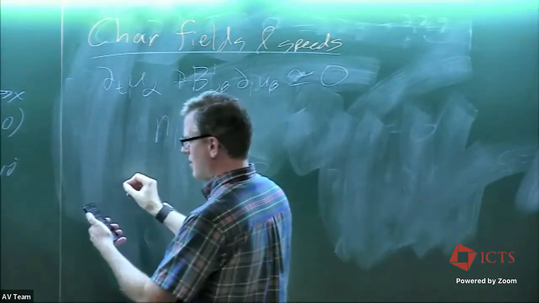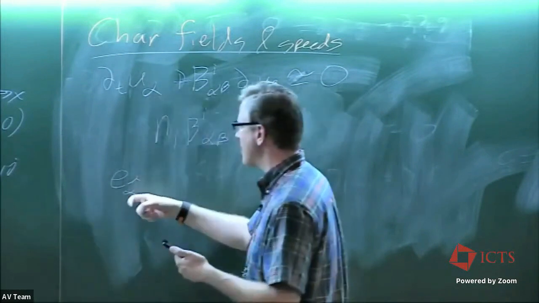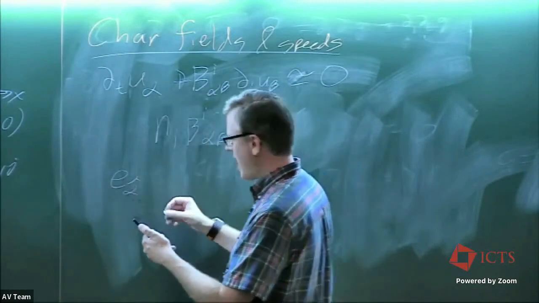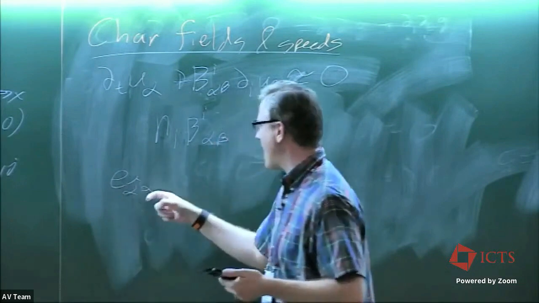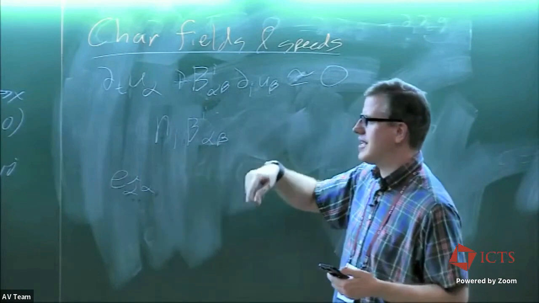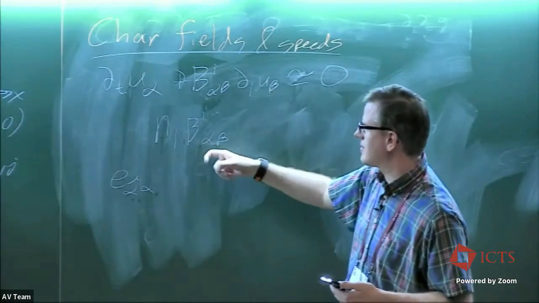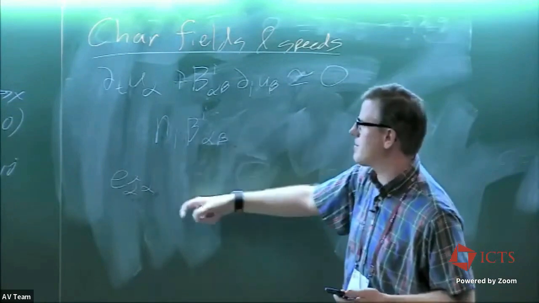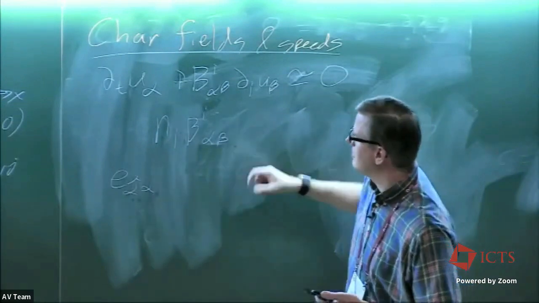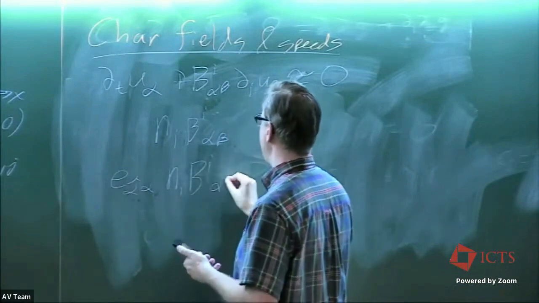So you say, here's an eigenvector, and there's a bunch of them. I'm going to label which eigenvector we have with alpha hat, and alpha labels the index in terms of the different variables, the different components of this matrix. So this will be a column vector in alpha, and multiply that by N^i B_i alpha beta.